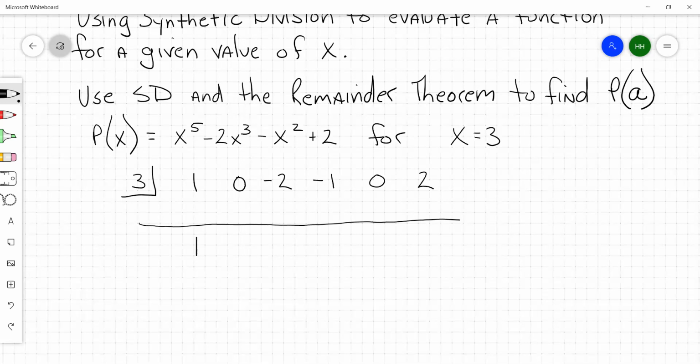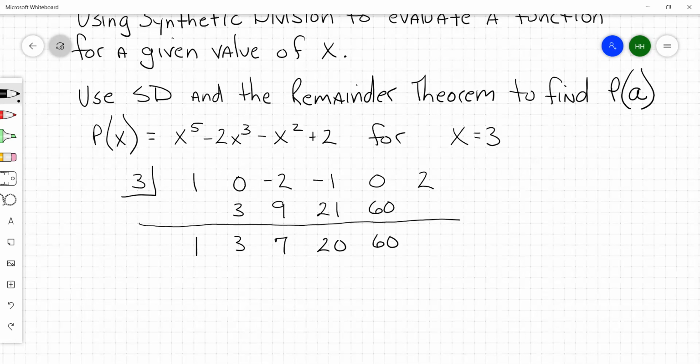So 3 times 1 is 3, and 0 plus 3 is 3. 3 times 3 is 9. -2 plus 9 is 7. 3 times 7 is 21. -1 and 21, that's a 20. 3 times 20 is 60. 0 plus 60 is 60.